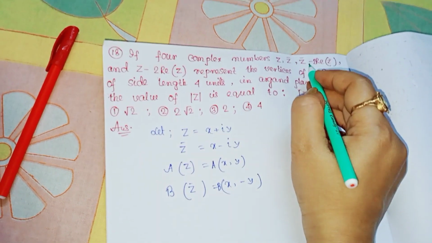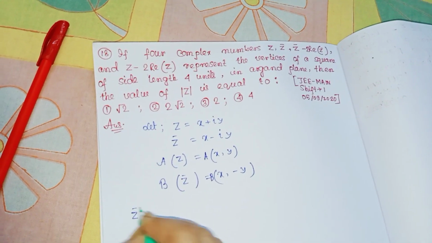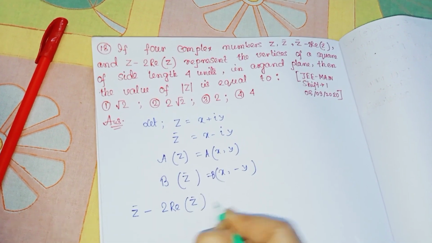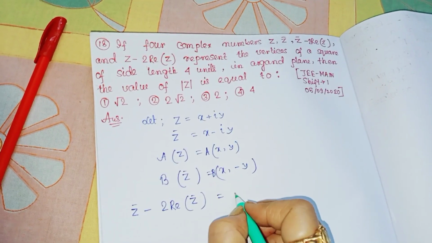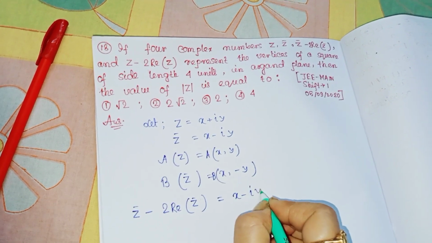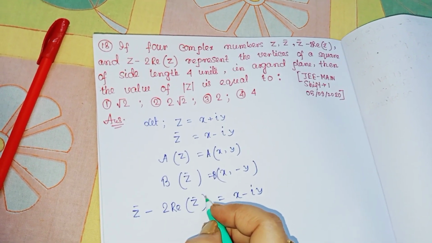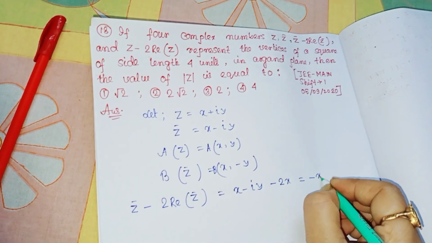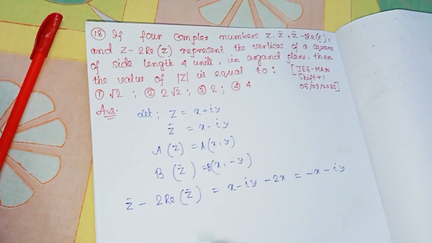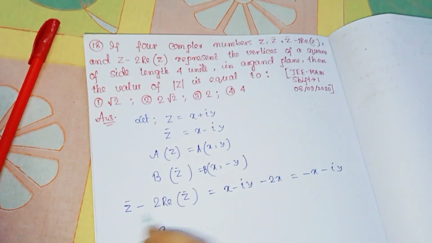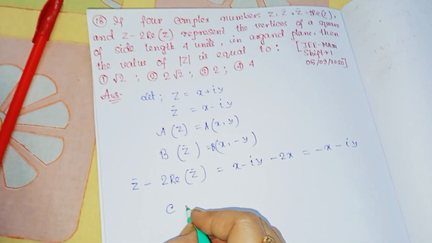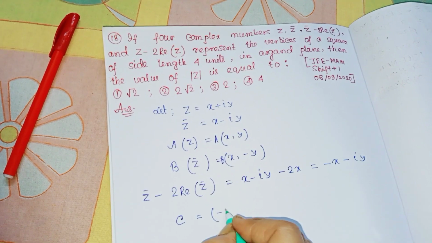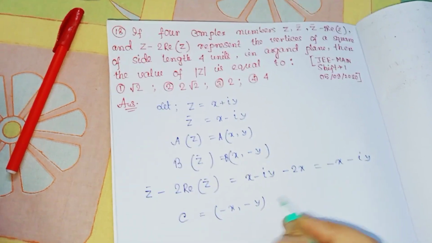Another vertex is given here, z bar minus 2 real z bar. We know z bar is equal to x minus iy and 2 real z bar is 2x. So it is minus x minus iy. If this is the point C, then C is equal to minus x comma minus y.